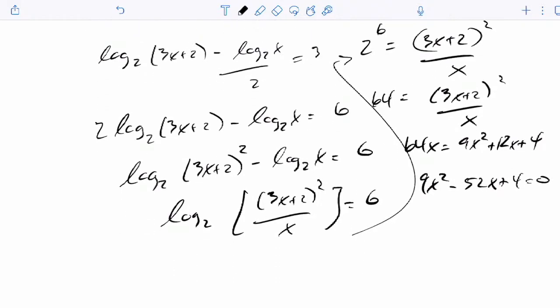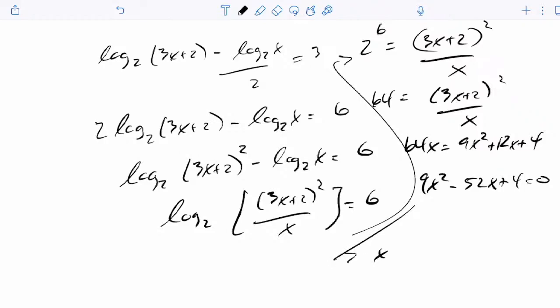So I multiplied across by x, expanded out the right-hand side, brought everything to one side, and then factored this. Does that factor nicely? I bet it does. Or you can just go right to the quadratic equation. I don't really want to, though. Oh, it actually doesn't. It doesn't factor nicely.